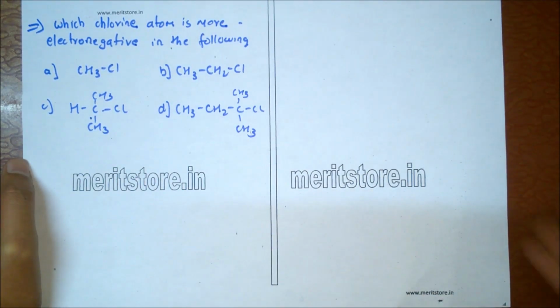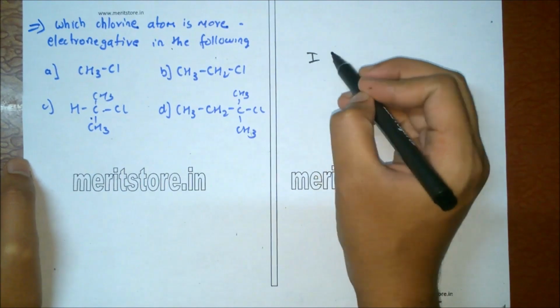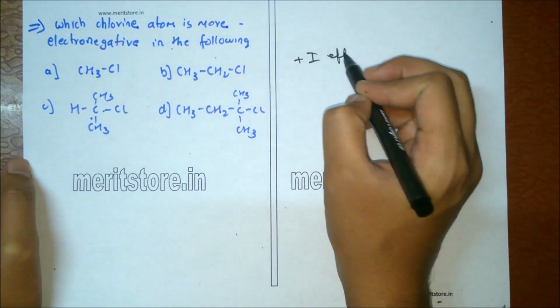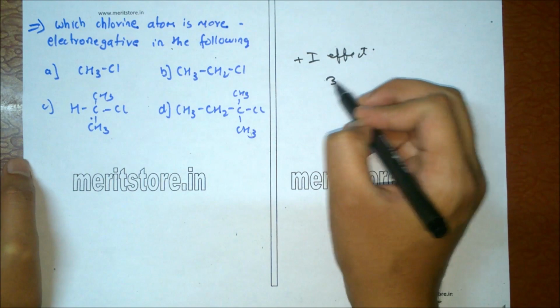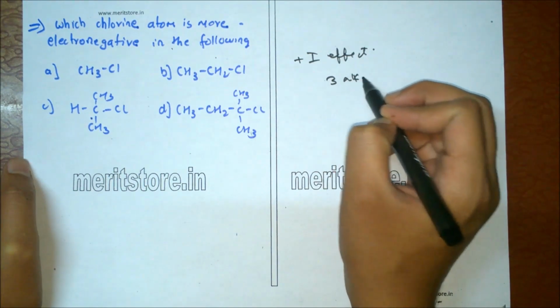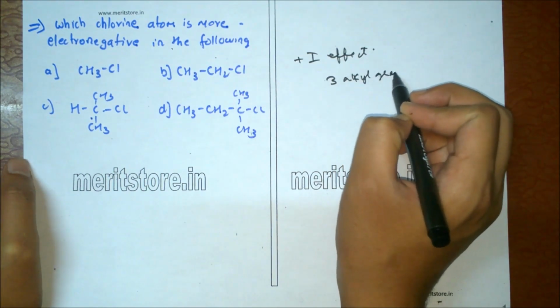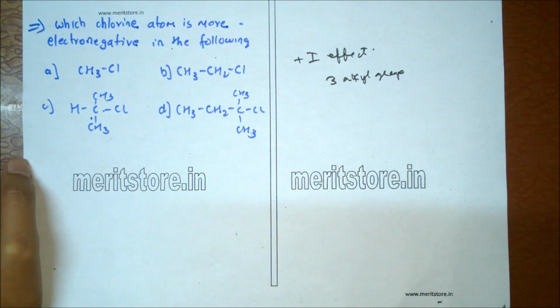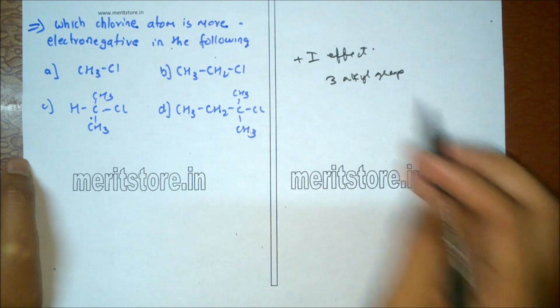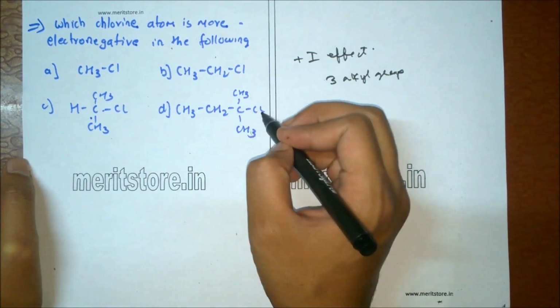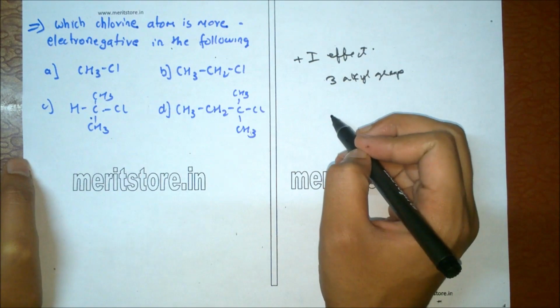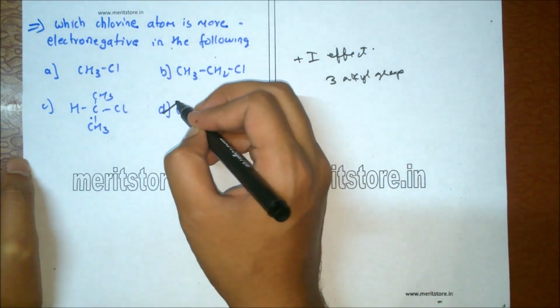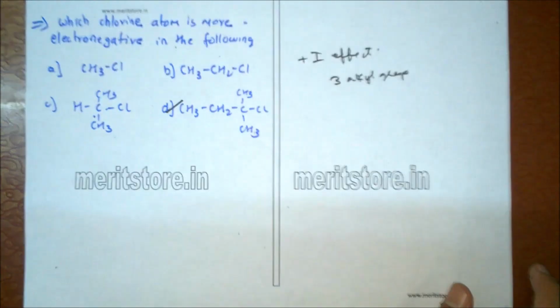Due to the plus I effect of 3 alkyl groups, in option D the chlorine atom occupies the maximum charge. Because of maximum charge, it is more electronegative. So option D will be the correct answer.